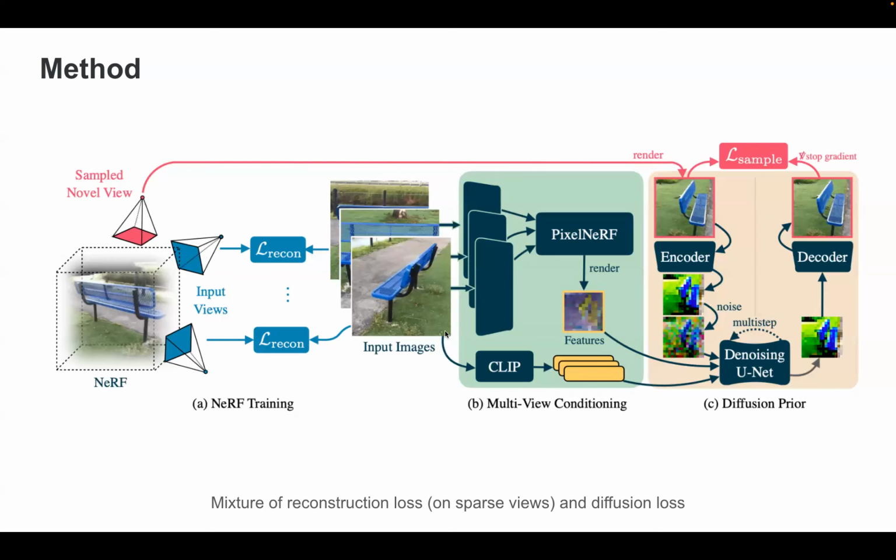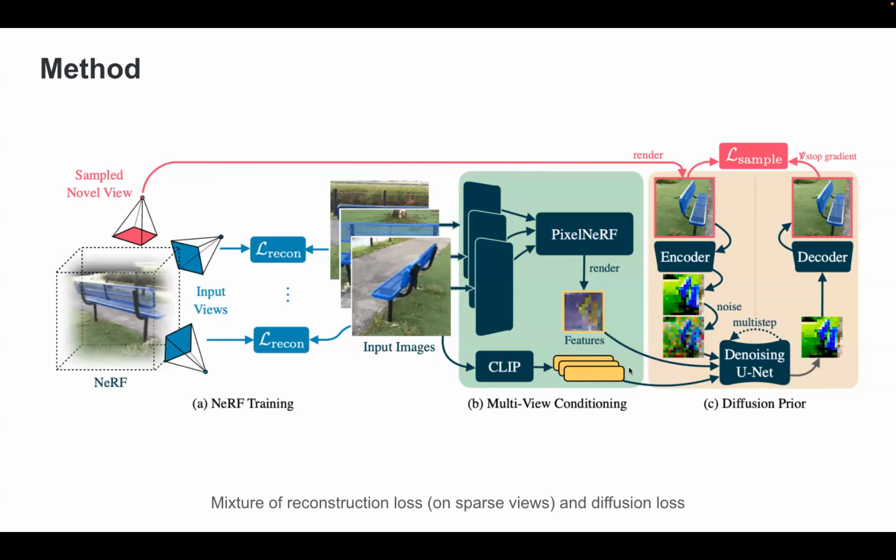They also encode the input images of the training set into CLIP image embeddings and feed them to the denoising UNet. With this, they can fill in the missing holes or views and better reconstruct scenes, also much better in the sparse view setting.